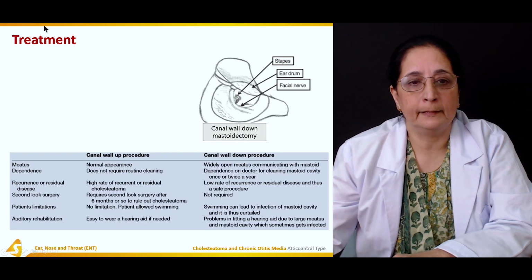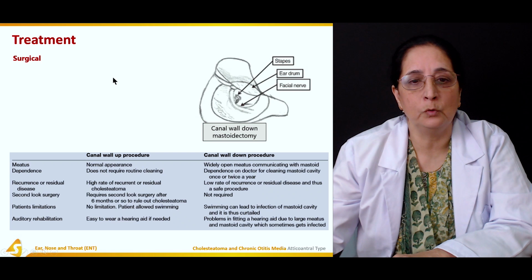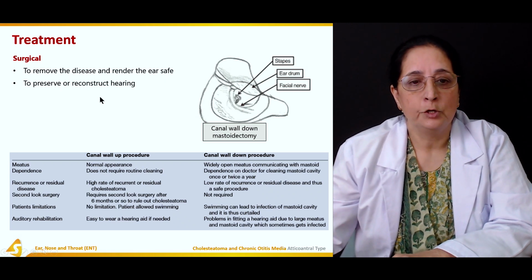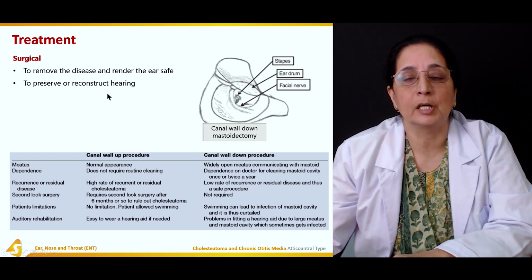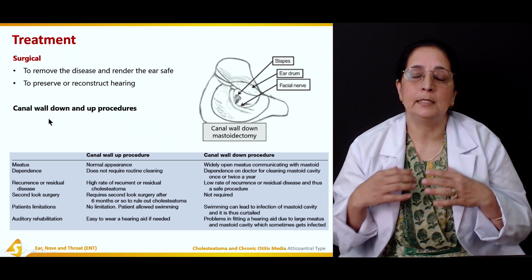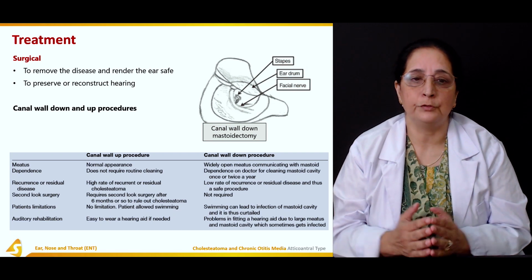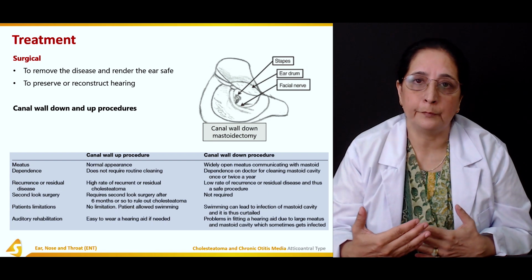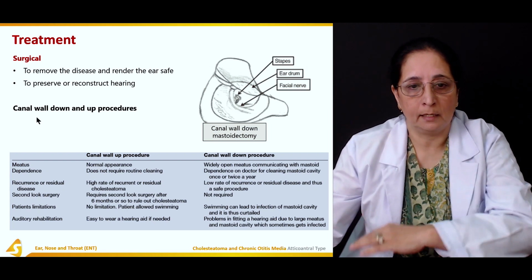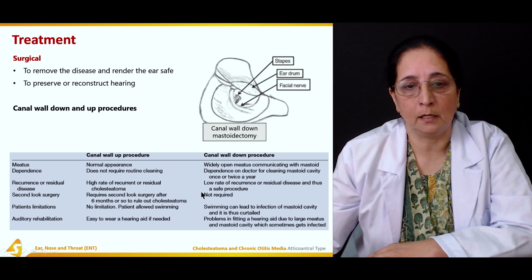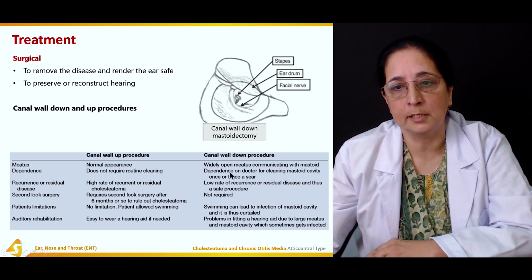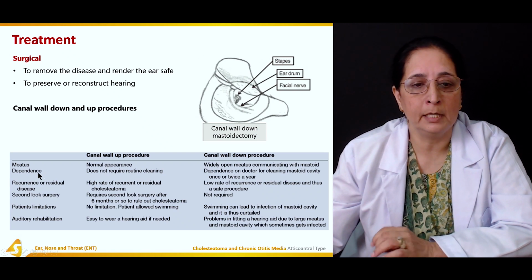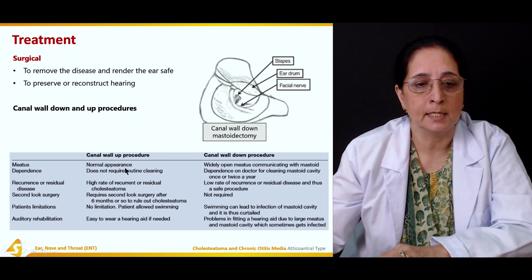Treatment: we have surgical treatment to remove the disease and render the ear safe, and to preserve or reconstruct the hearing. Usually the surgical procedures are of two types: canal wall up and canal wall down. These are the differences between them. In canal wall up, the meatus has a normal appearance.